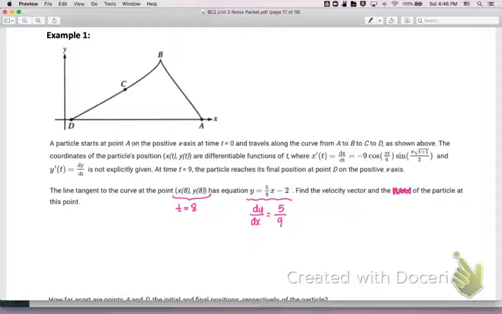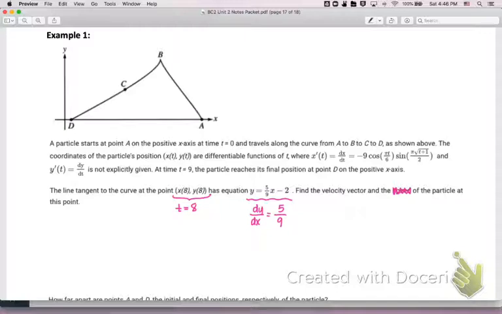We know that that is equal to 5/9, but let's think generally how we would find that, because essentially we need to solve for y prime of 8. That is what we don't know. We know dy dx, so we know essentially y prime over x prime.